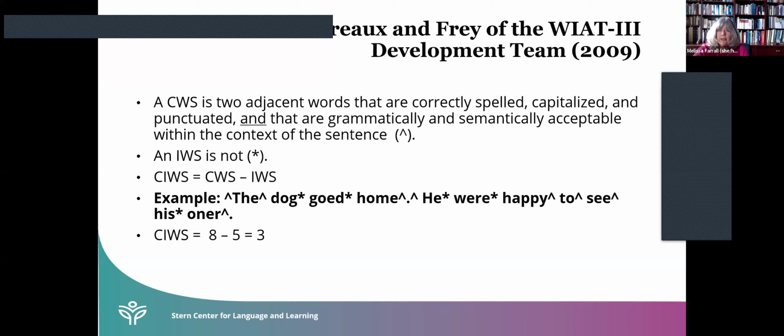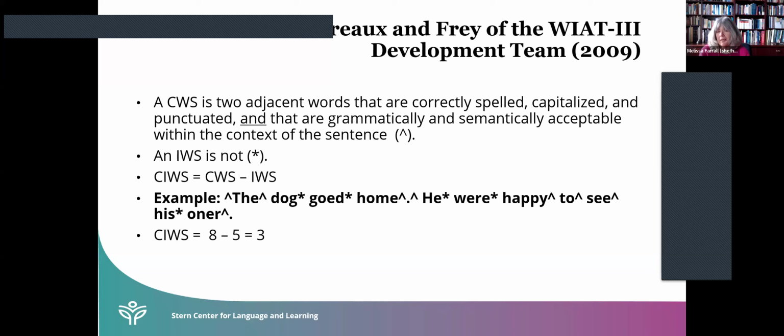What happens is we identify in our passage the number of correct word sequences. We're going to subtract the number of incorrect word sequences, and that gives us the correct, incorrect word sequence, a CIWS. Let me take you through it. It will become clearer.